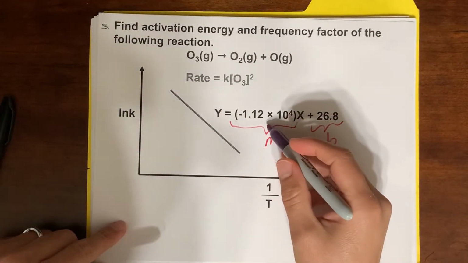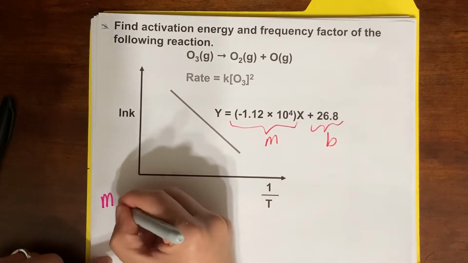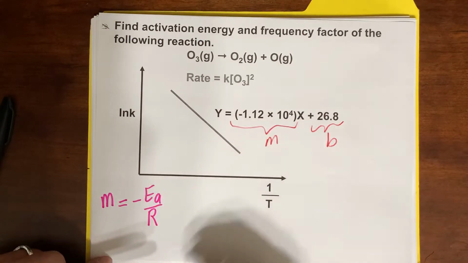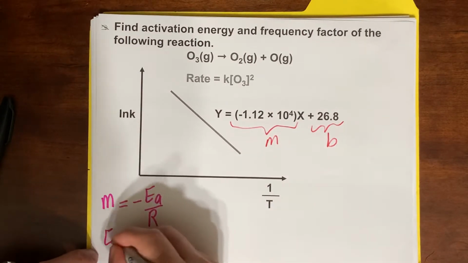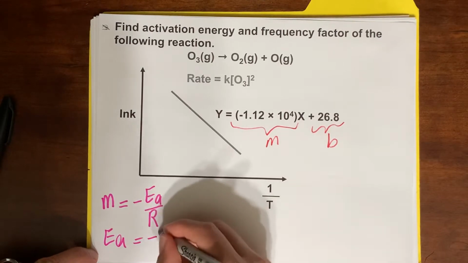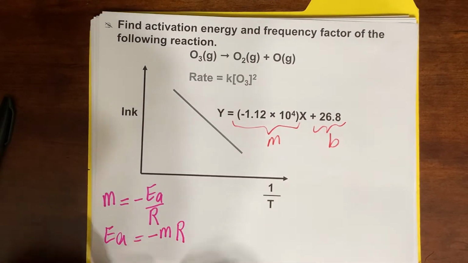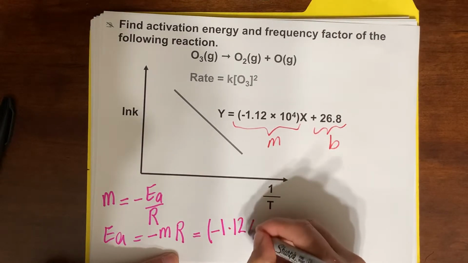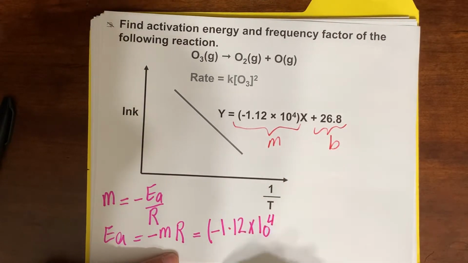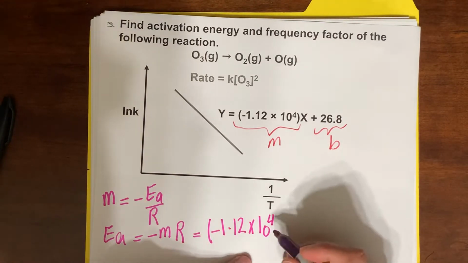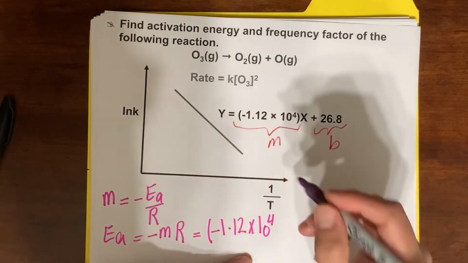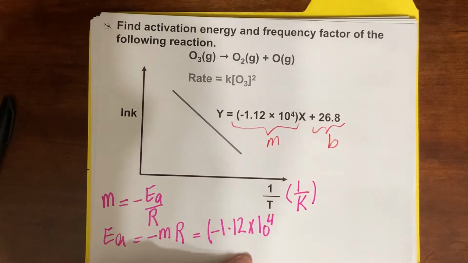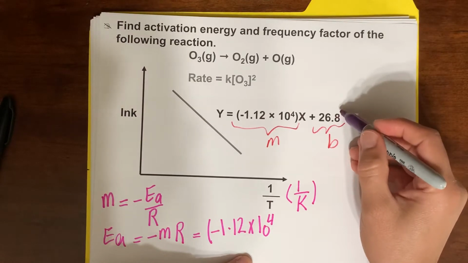Slope is going to be equal to minus EA over R. So activation energy is going to be minus slope multiplied by R. Slope is minus 1.12 multiplied by 10 to the power of 4. What's the unit for it? Check this one. 1 over T has unit of 1 over Kelvin. This one has no unit.